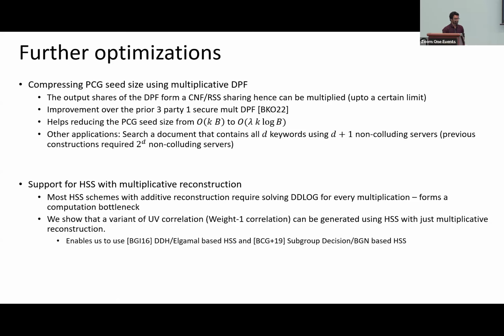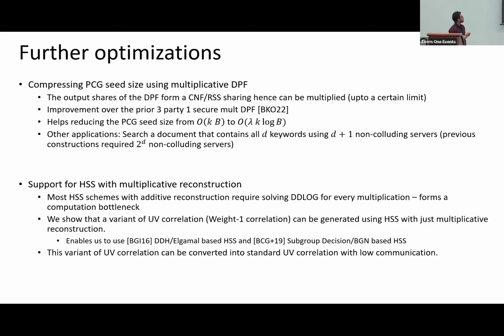And this enables us to use existing HSS schemes without invoking the distributed discrete log procedure. And we also show that this weighted variant of UV correlation can be converted into the standard UV correlation with low communication.